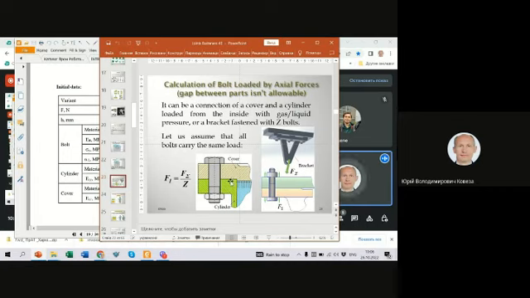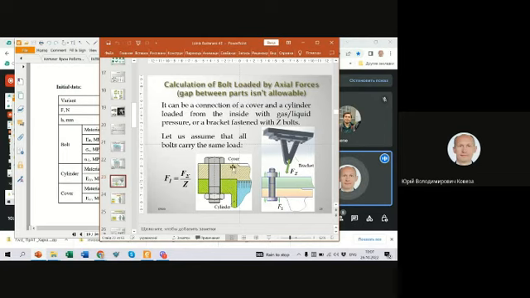We should avoid this situation. That's why we need to pre-tight the joint, and we should know how to calculate it, because it is a normal state in engineering practice. When you have any joint, you should calculate what force you need to avoid leakage of something.